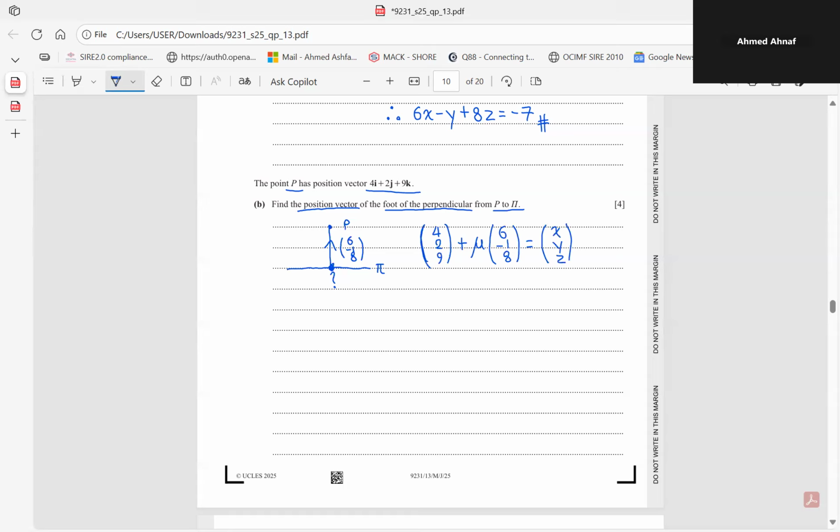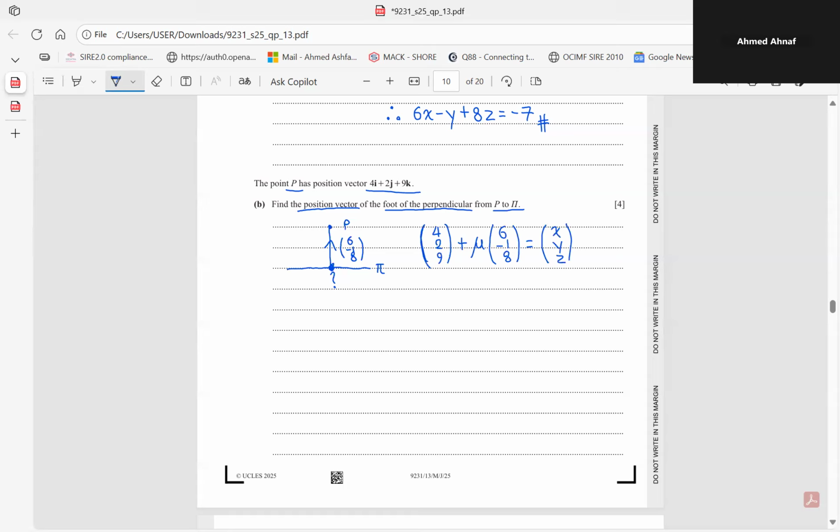Okay, now let's expand this left-hand side equation. So (x, y, z) will be equal to 6 mu plus 4, and 2 plus mu times -1, so 2 minus mu, and 8 mu plus 9.